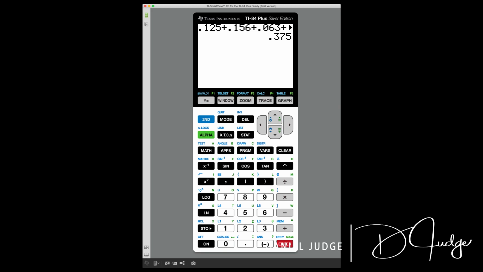Anybody get an answer here? Something is not quite right. Maybe 0.375. Is that right? You guys okay with that? You guys get this answer?